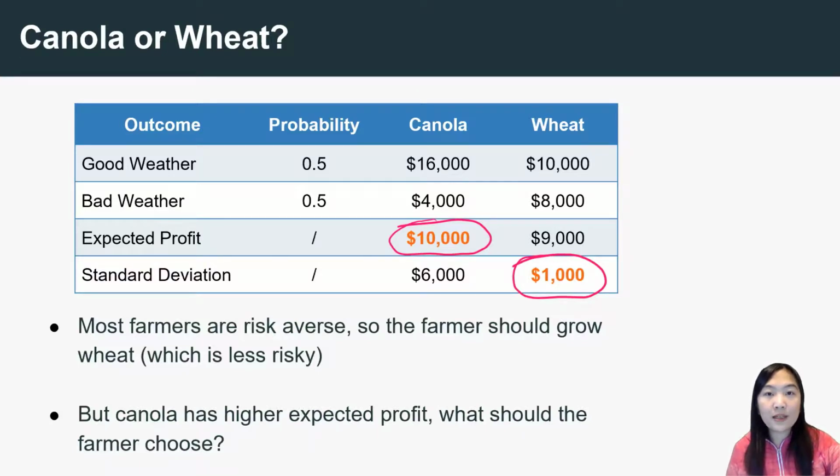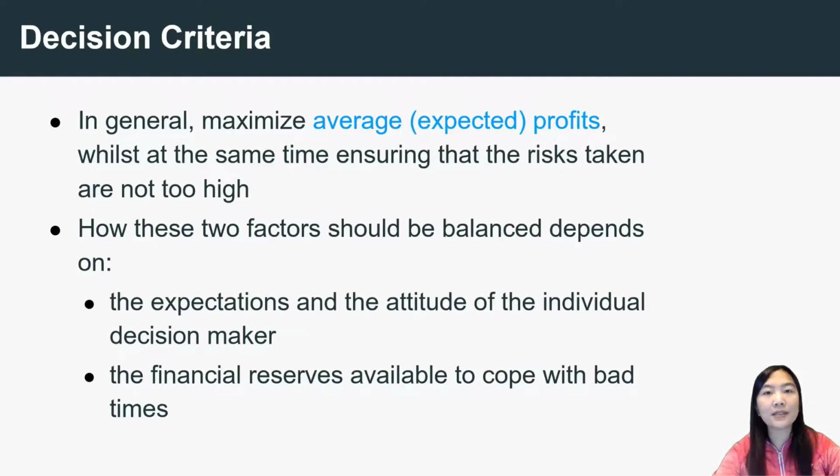Given the assumption that most farmers are risk averse, the farmers should grow wheat, which is less risky, but canola has higher expected profits. So what should the farmer choose here, canola or wheat? It turns out that we need some decision criteria to help the grower make the decision.